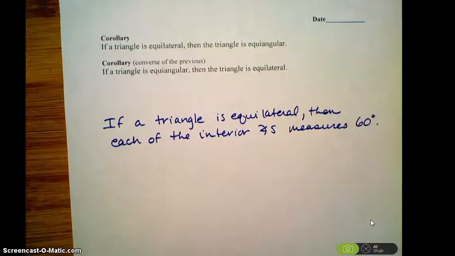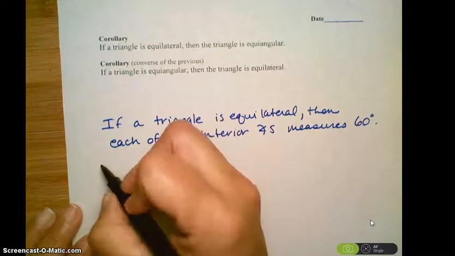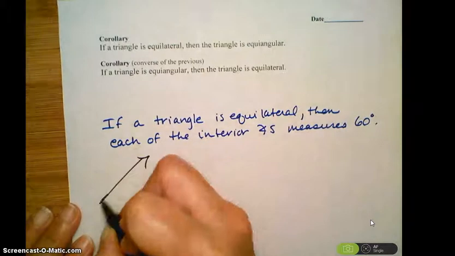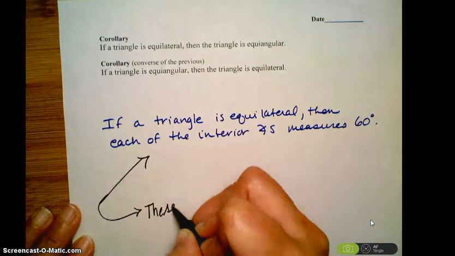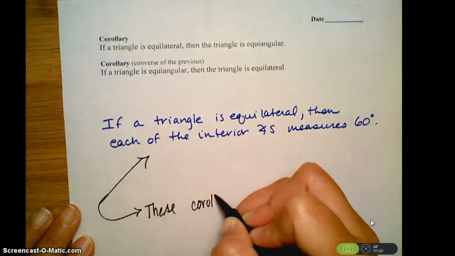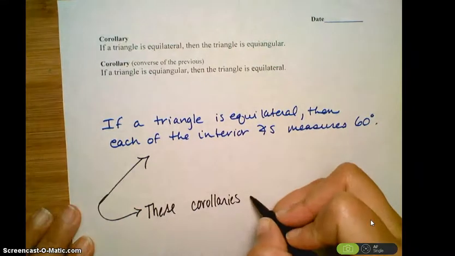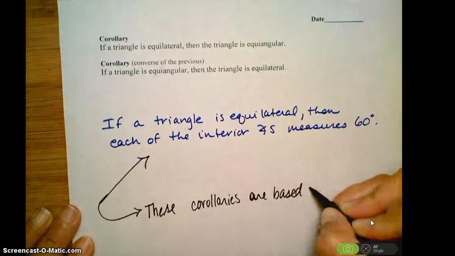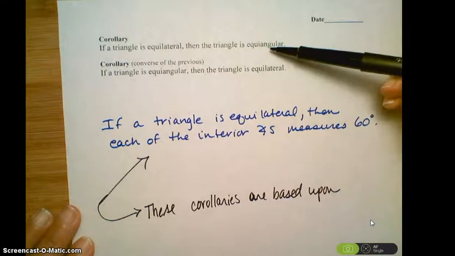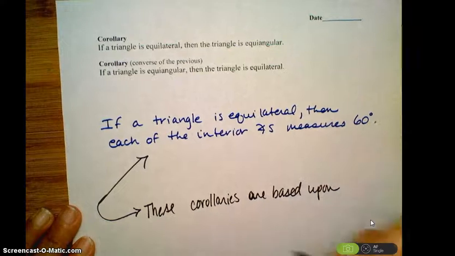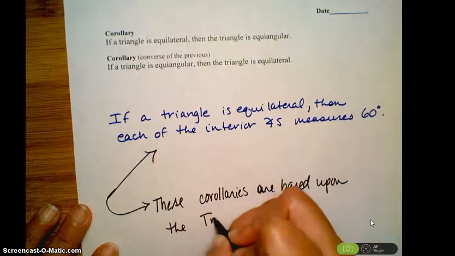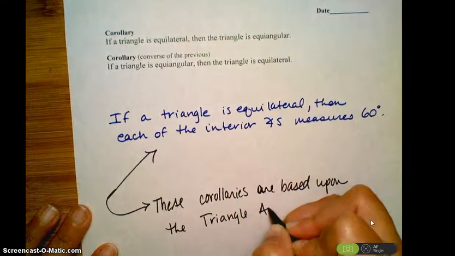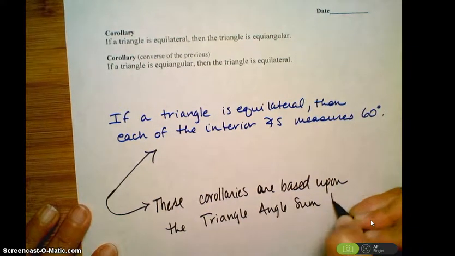You should also make a note while we're here that all three of these corollaries are based upon, anybody got any ideas? Well, if you guessed it, because we're talking about the measures of the angles in a triangle, they are based upon the triangle angle sum theorem.